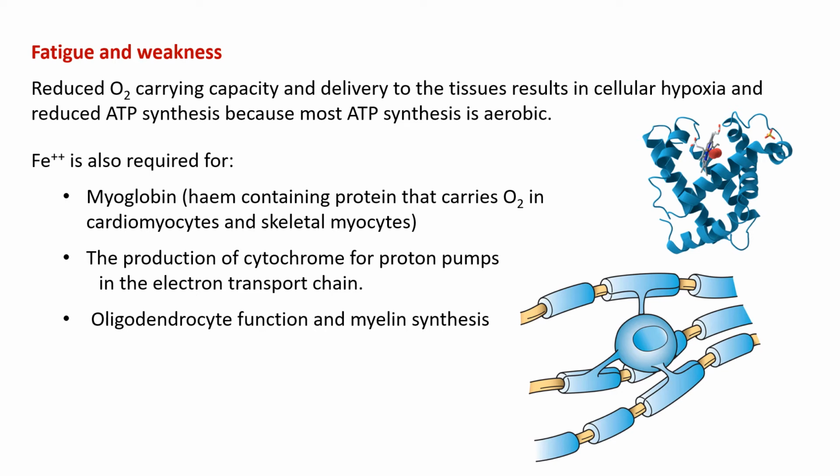The thicker the myelin, the faster the conduction, because that insulation is greater. So if iron is required for oligodendrocyte function and myelin synthesis in the central nervous system, we're potentially going to have some pretty slow conduction going on within the spine and within the brain.